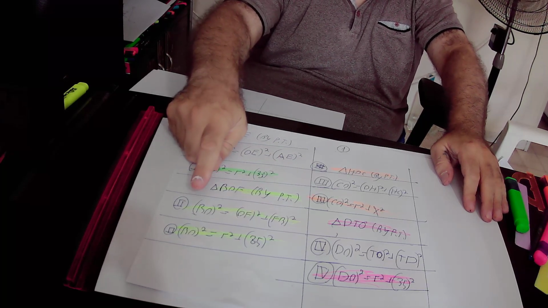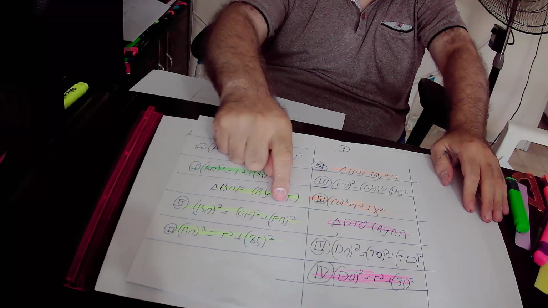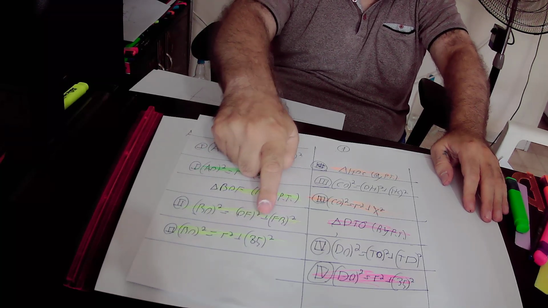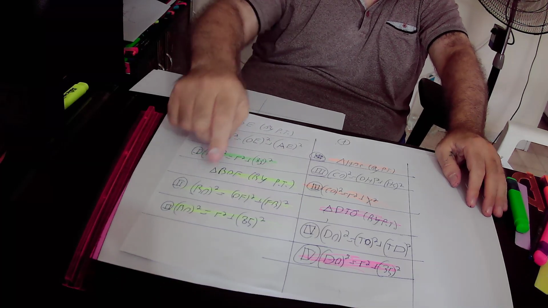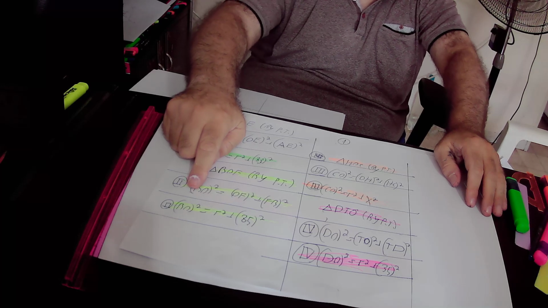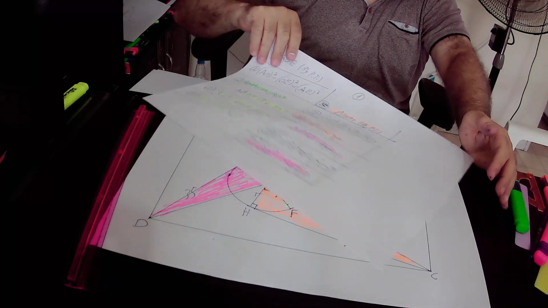OF is R, therefore OF square is R square, plus BF square. BF equals 85, therefore BF square is 85 square. So in conclusion, according to equation number 2, BO square equals R square plus 85 square.